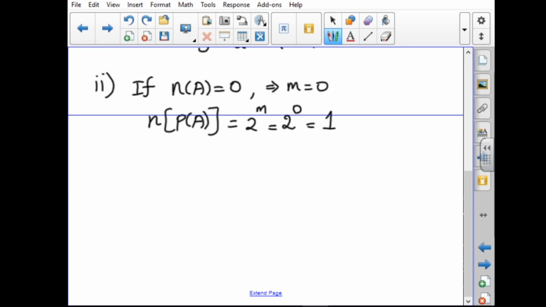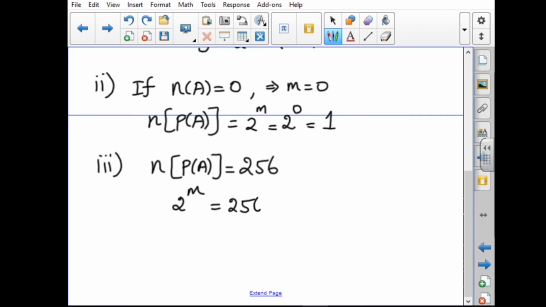Then last question. n of P of A is equal to 256. Okay. So n of P of A formula is 2 power m. 2 power m is equal to 256. From this we are going to find the m value.